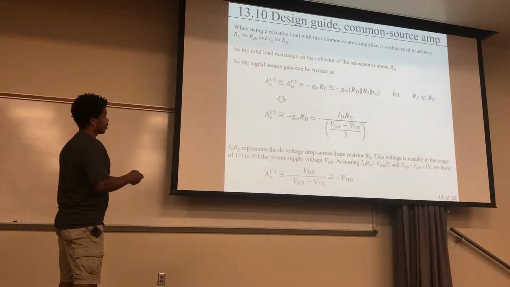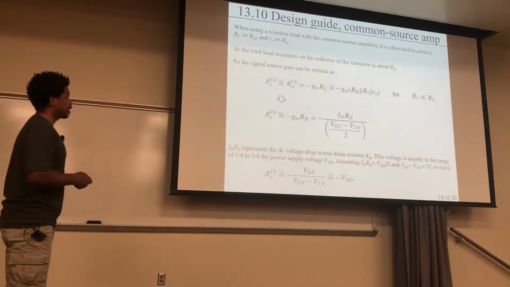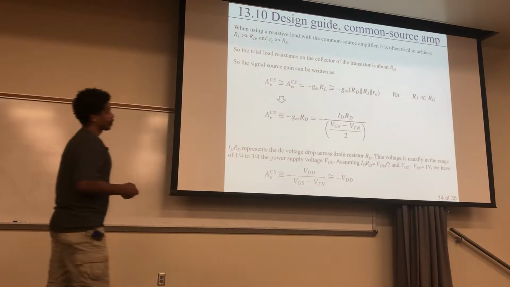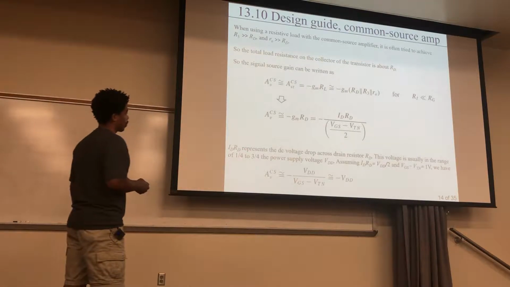So this transconductance is your ID over this, right there. Now the ID part represents the DC voltage drop across the resistor RD. This voltage is usually in the range of 1/4 to 3/4 of the power supply voltage.